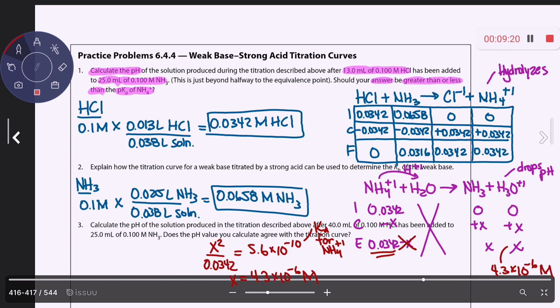Okay, so that means that if I want the pH, it's going to be the negative log of 4.3 times 10 to the negative 6. What did you guys get? Yeah, I got 5.36-ish, somewhere around there.